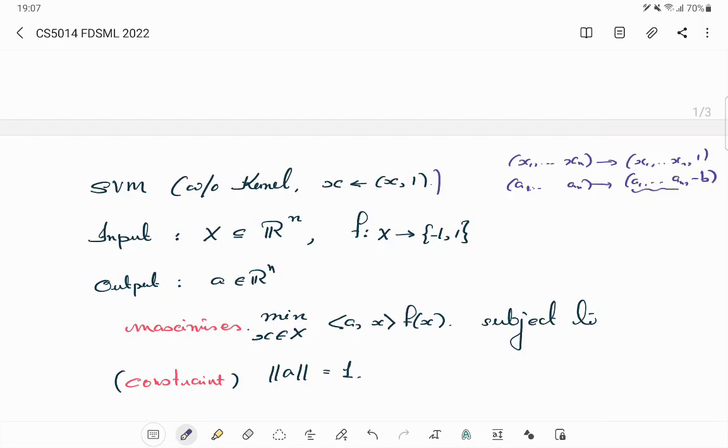These parameters and minus b are things which we have to find out, which either the perceptron learning algorithm or the SVM will try to find out. But we can model this whole thing as a single vector a prime. I will not call this x prime or a prime; I will directly start calling this x and a. So assume that we are only looking for a hyperplane which passes through the origin. That's what you have to remember.